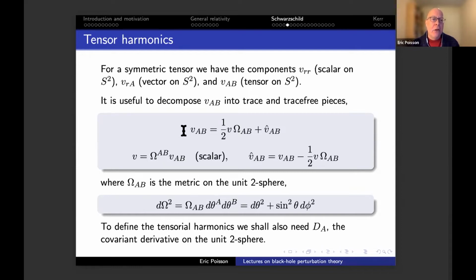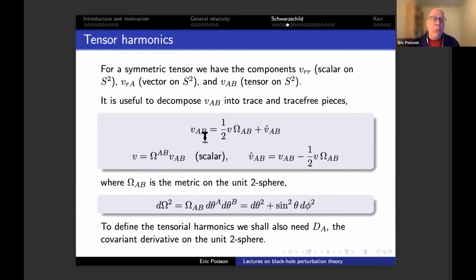And you can quickly go through the calculation here. If you multiply the left-hand side with the inverse omega, you will multiply omega with its inverse. That defines the unit matrix. You take the trace of this, you get 2 because it's a 2-dimensional metric. The 2 cancels out the factor of 1/2 and you get V. That term over here is trace-free in the sense that the same operation acting on V hat would return 0.